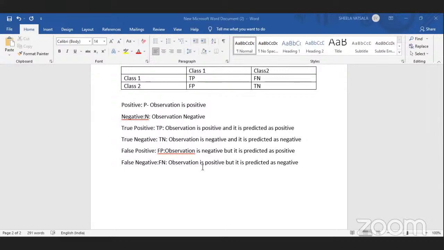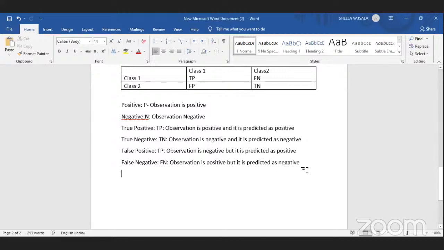So this is how we identify, and further, how do we calculate the accuracy? That is nothing but true positive plus true negative divided by true positive, true negative, false positive and false negative.